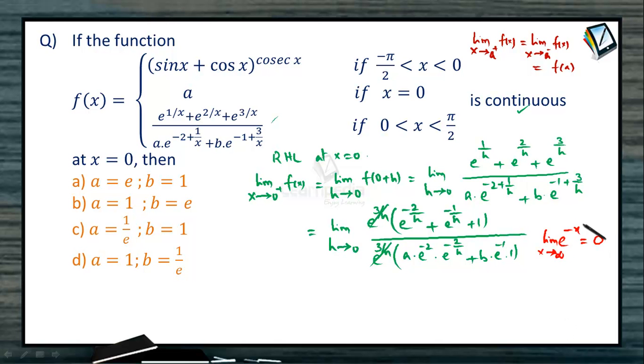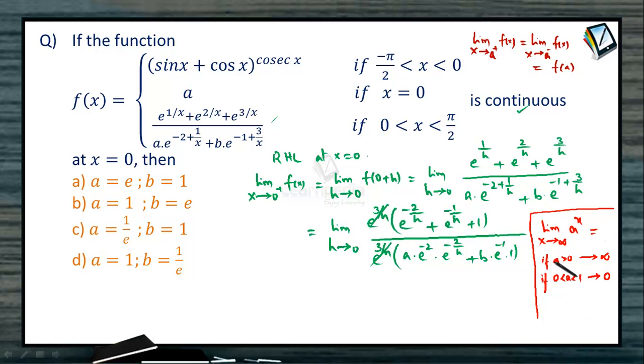If we remember the value of the limit as x tends to infinity of a to the power of x, it will depend on the nature of a. If a is greater than 1, then this limit would become infinity, whereas if a is a number which lies between 0 and 1, then this limit would tend to 0, right?